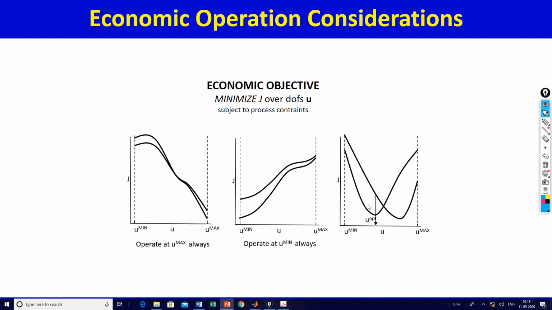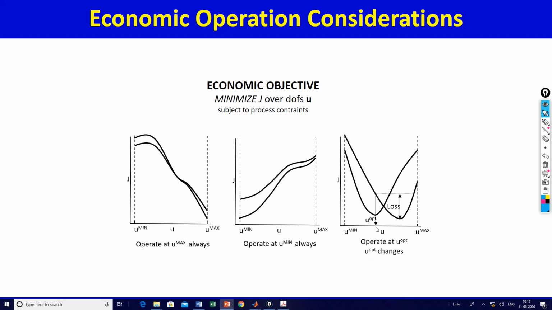Now in this case, if you continue to operate here at U optimum, then at the disturbed condition, and the disturbance is unmeasured, you are away from the actual optimum and there is a loss, and this is the loss because you have not readjusted your U to the new optimum.